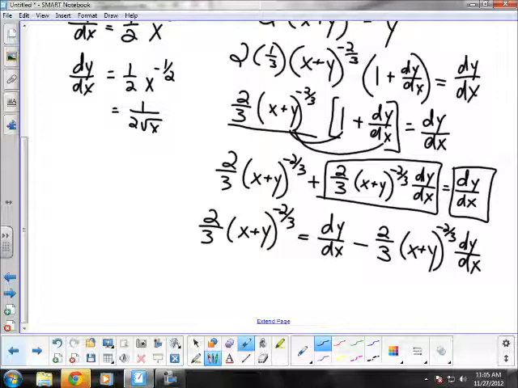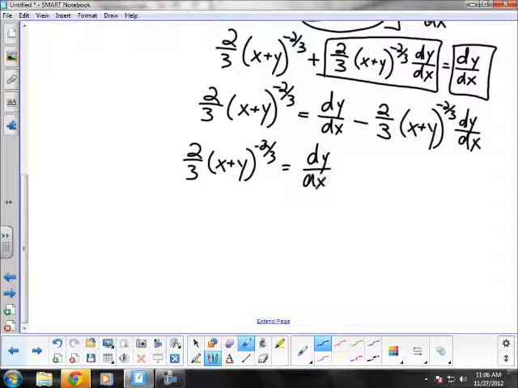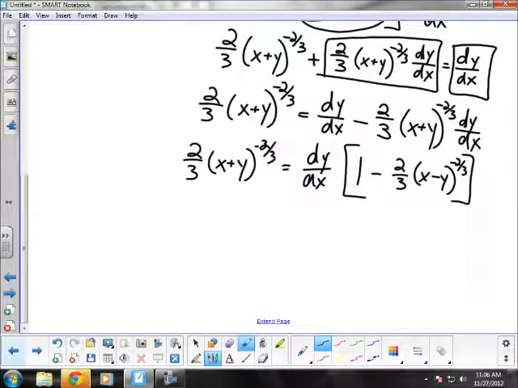So now what can I do? First I got to factor out the dy/dx, right? Because anytime it's in more than one term, I got to factor it out before I can figure out what to divide by. And that leaves 1 minus the 2/3 times (x plus y) to the negative 2/3. So I'm going to divide by that entire term.